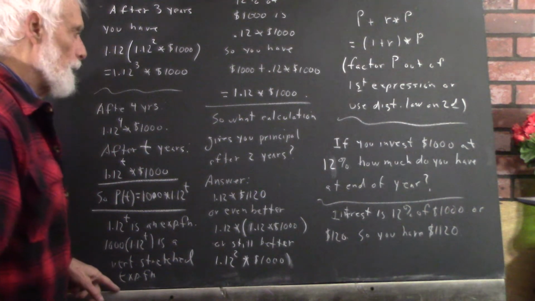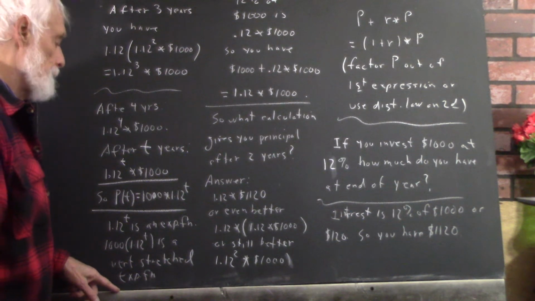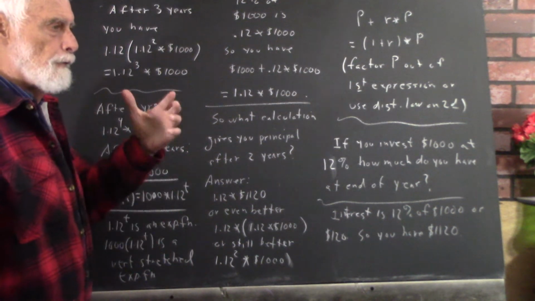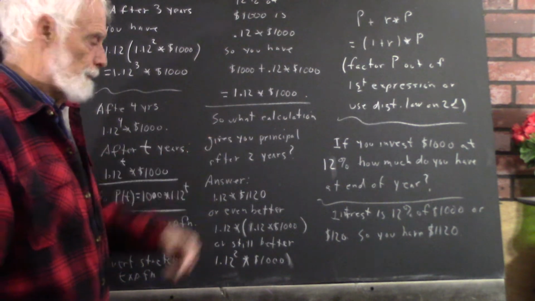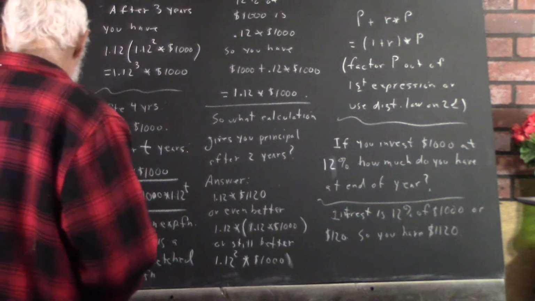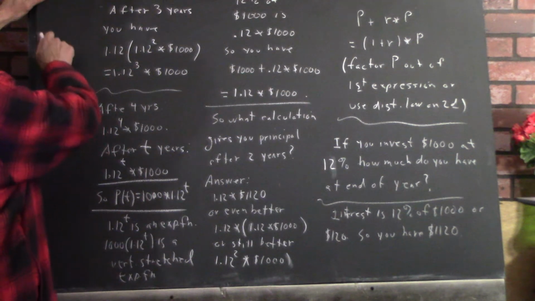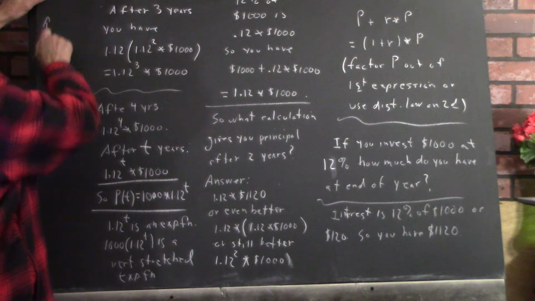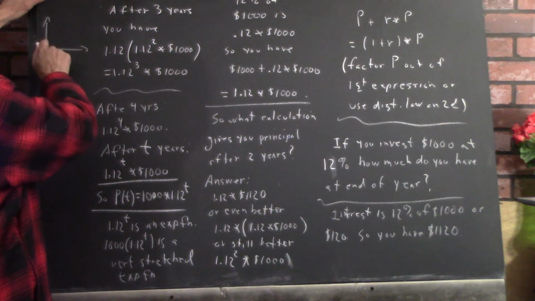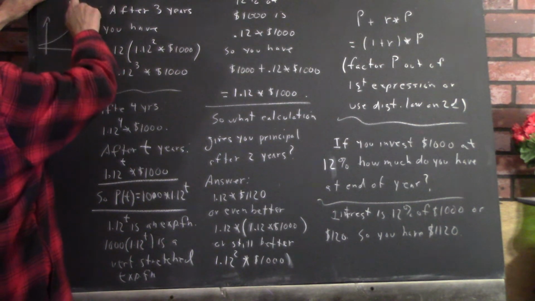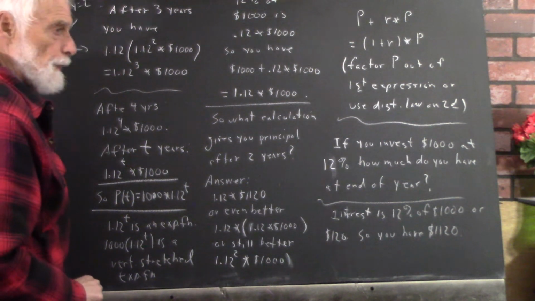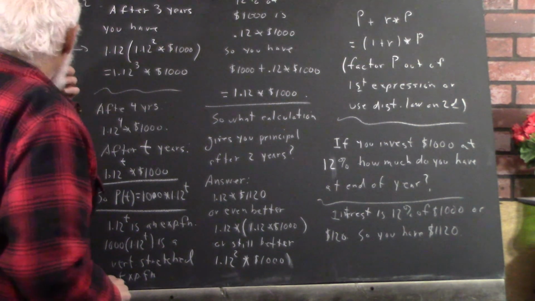Well, it gets even better than that. If you sketch the graph of y equals 2 to the x, and I'll just sketch a small graph up here, we'll get a bigger one in a minute, here's y equals 2 to the x. Okay?